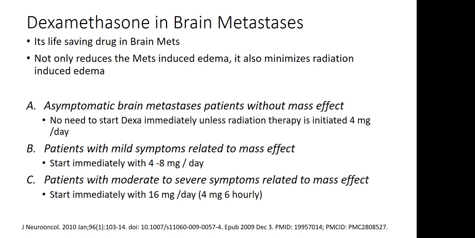In those patients, we start dexamethasone at 4 to 8 milligrams per day. Once the patient is diagnosed as having these kinds of symptoms, we just start simply. We don't wait. In an asymptomatic patient, we only start with the treatment, but with mild symptoms, we start from day one. When the patient is diagnosed, confirmed on the MRI, we start DEXA.